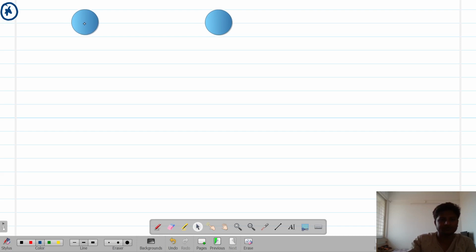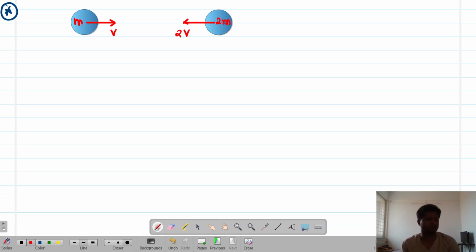So let's suppose I have two balls moving in opposite directions. One with velocity v, another with velocity twice v. One has mass m, another has mass twice of m.